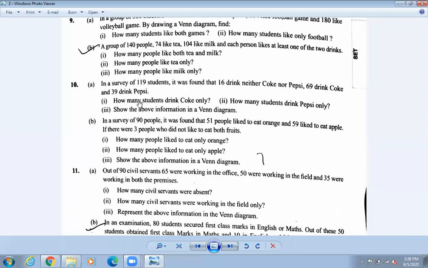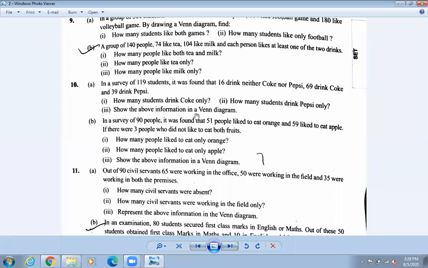How many students like Coke only? That means only C, you need to find out. We normally take Coke, because Pepsi is not available in the Dharan market nowadays. That's why we take mostly Coke instead of Pepsi.